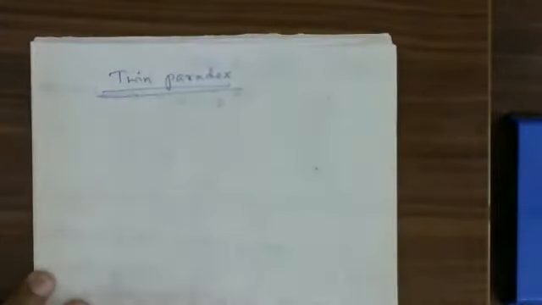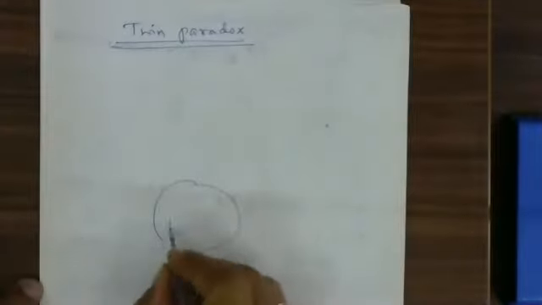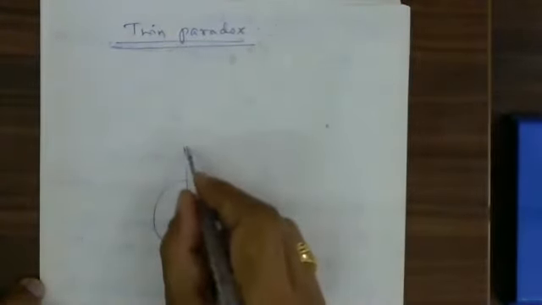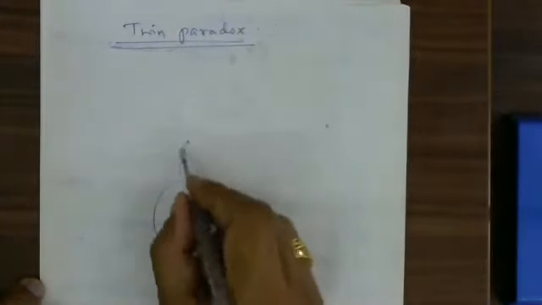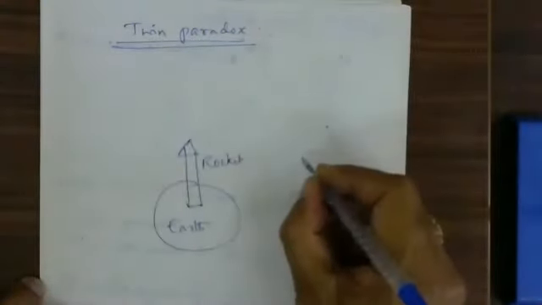Let us consider this is Earth. Here we are going to put a rocket or something. This is a rocket, with an astronaut who is present here. Let us consider two twins simultaneously born.